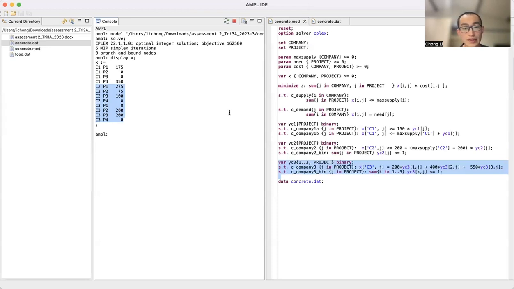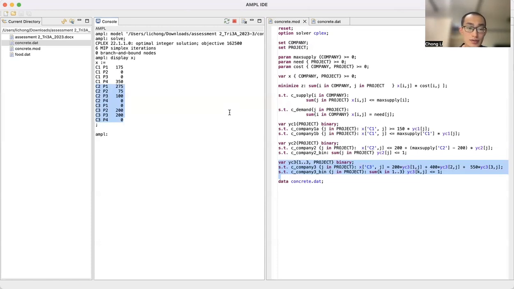These other indicators show whether the company is providing concrete to this project, and it is constrained with X: if X is larger than 0, then the YC is 1. If it is 0, the YC is also 0.